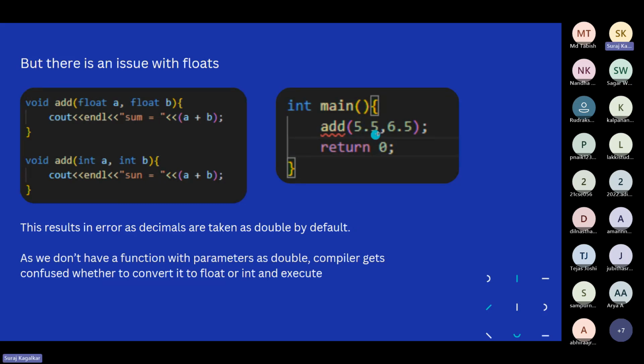So we just add 5.5f, 6.5f. Or if you just want to do it with integers, you can just do 5 and 6, and you'll get the output. This is a small thing that you will have to keep in mind. Except for that, I think everything should be really good.